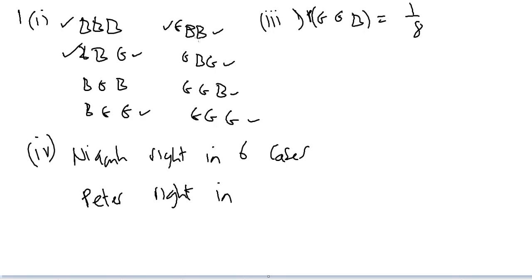So that's 2 boys and a girl. And that's 2 boys and a girl. So there are 4 cases when Peter would be right. So that means that Neve is more likely to be right.